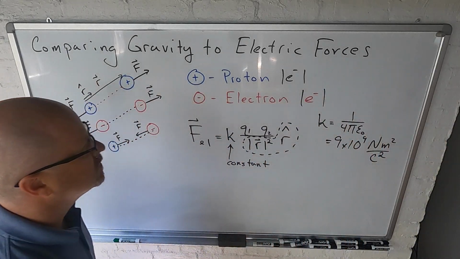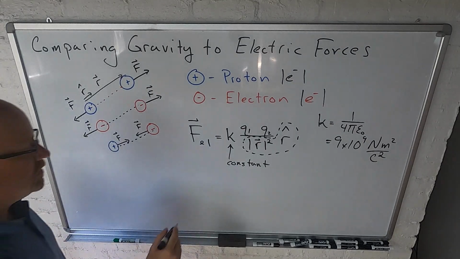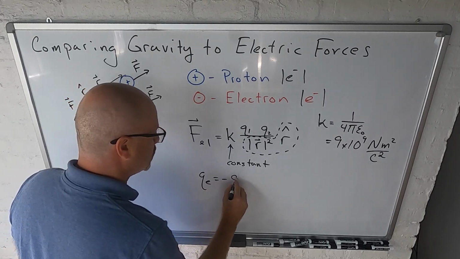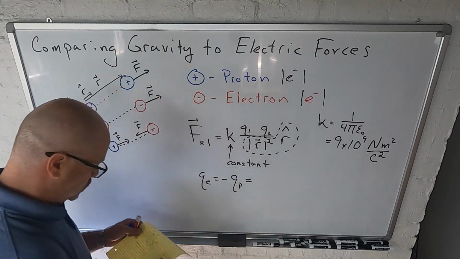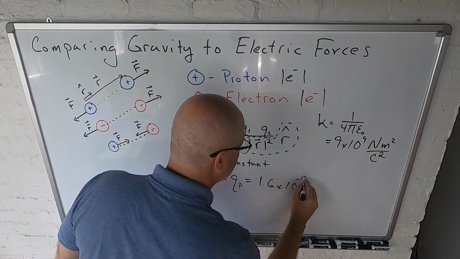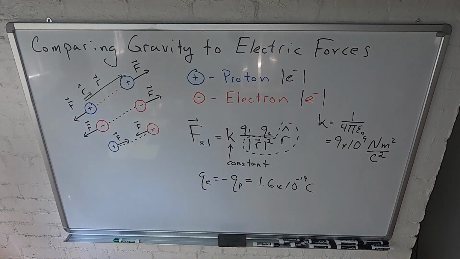Coulombs are the fundamental unit of charge, 1 coulomb. And the charge of an electron is equal to minus the charge of a proton, and that's equal to 1.6 times 10 to the minus 19 coulomb. Okay, so those are our units.